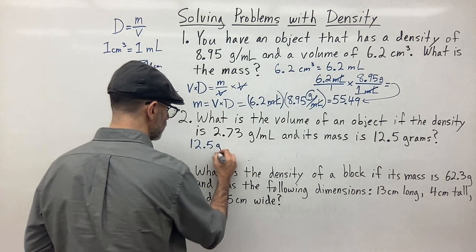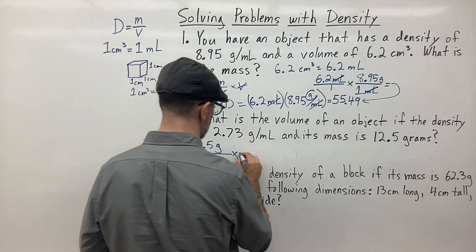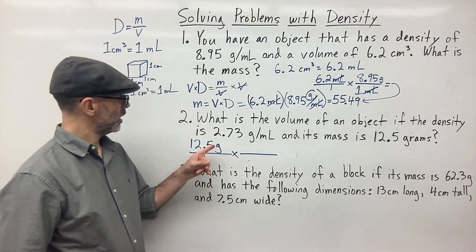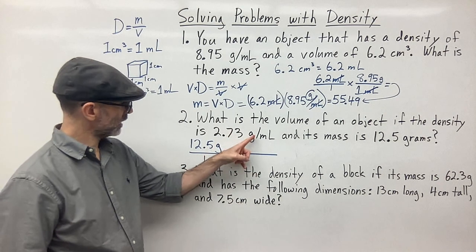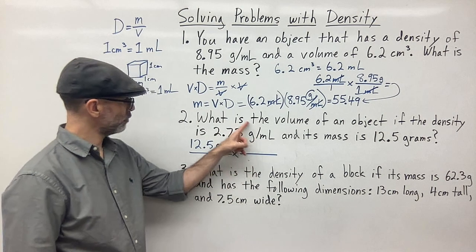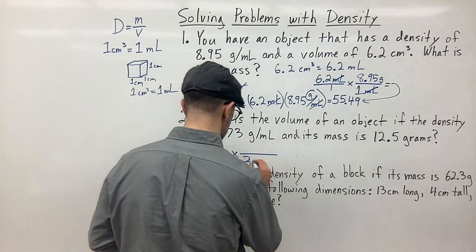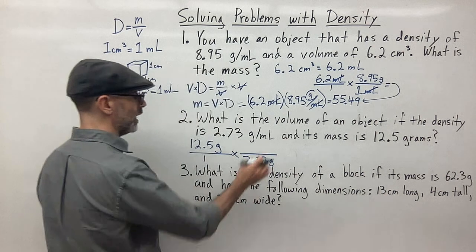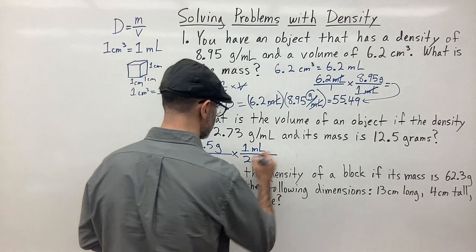So I take the 12.5 grams and I put over 1, and I start to multiply using a conversion factor. This time, grams is on top, so now I want grams on the bottom. So I'm going to take 2.73 grams and put that on the bottom, and then put 1 milliliter on the top.